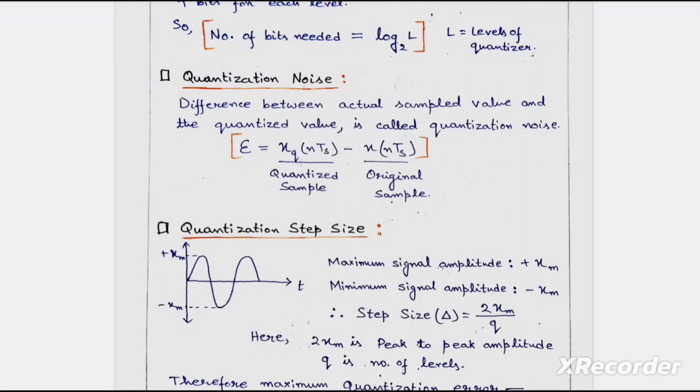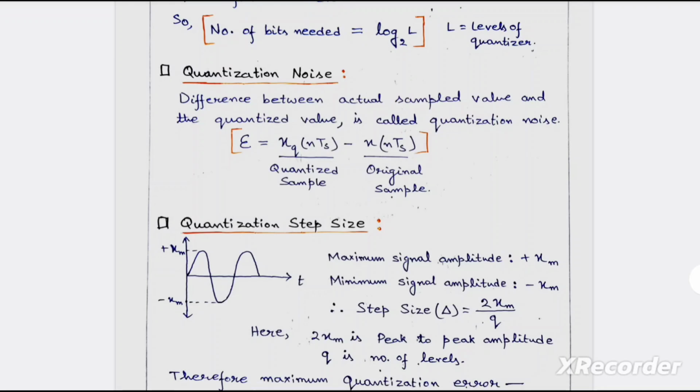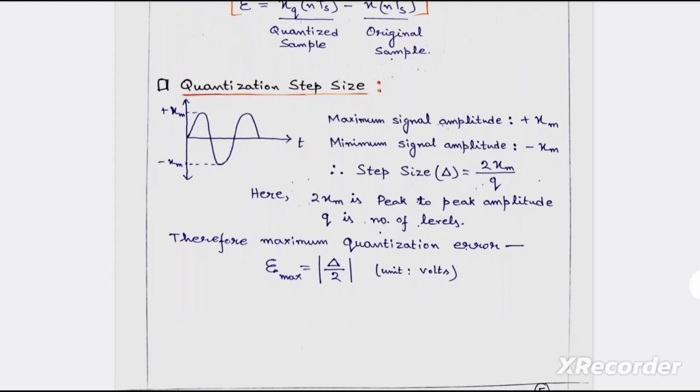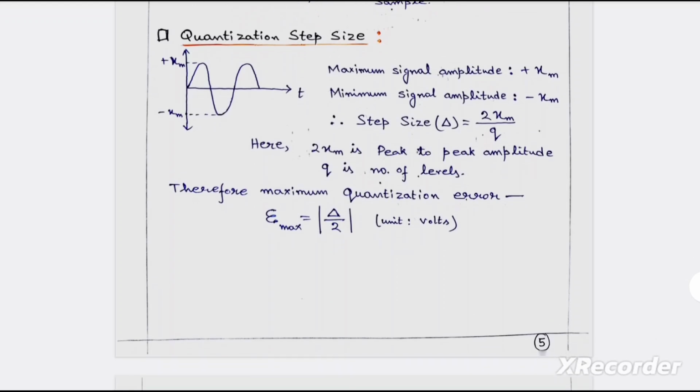Now, quantization noise. The difference between the actual sampled value and the quantized value is called the quantization noise or quantization error. Now the formula: epsilon equals quantized sample minus original sample. The quantization step size. Here in the graph we can clearly see that the amplitude of the signal is xm.